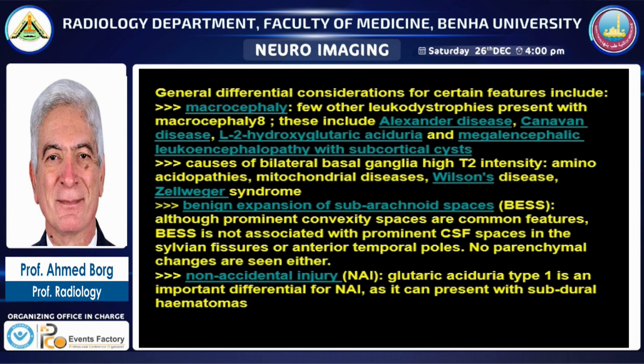The second differential diagnosis is non-accidental injury. In both cases we can have subdural hematomas, but of course non-accidental injury will not have changes in the basal ganglia.